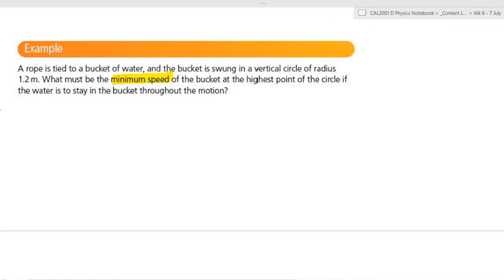For this one, we will try to draw the bucket at the highest position. Normally, the free body diagram will help. Bucket is optional, but drawing the forces is not. Obviously you have the weight of the water, mg, going downwards, and there's also contact force, N.